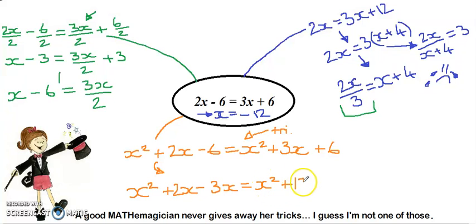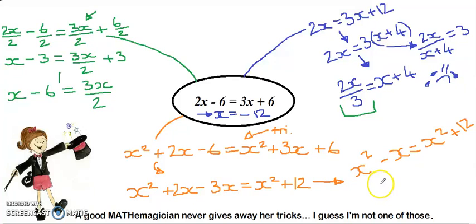You might want to re-watch this and just try and figure out what I'm doing in slow motion. So that will lead to x squared minus x is equal to x squared plus 12.